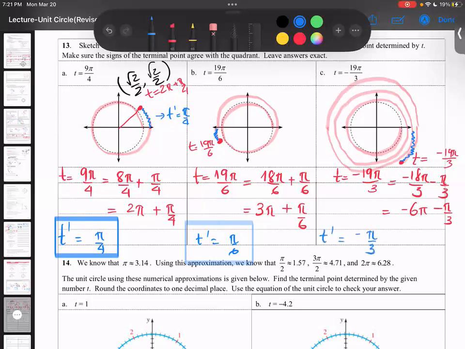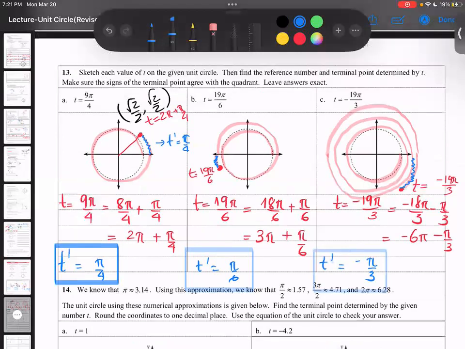Oh, I've been forgetting to calculate the point. For 13b, if you look at the unit circle, the point will be negative root 3 over 2, comma, negative 1/2.